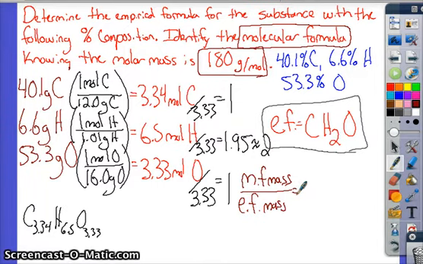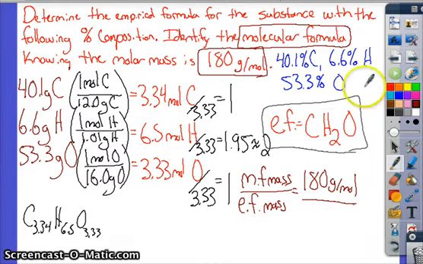And you know your molecular formula will be a factor of your empirical formula. Whether that factor is 1, 2, 3, 4, it's just determining what is that factor going to be. Our molecular formula mass is 180 grams per mole.